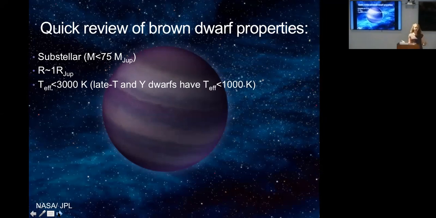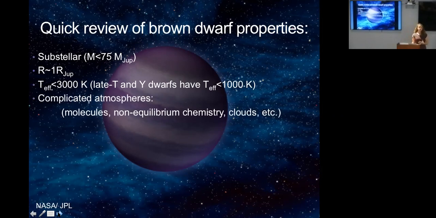But here in my talk, I'm going to focus on objects that are late T and Y dwarfs. These are colder than 1000 Kelvin, and that has implications for what's going on inside their atmospheres. We've got interesting molecular species that are being formed in clouds.